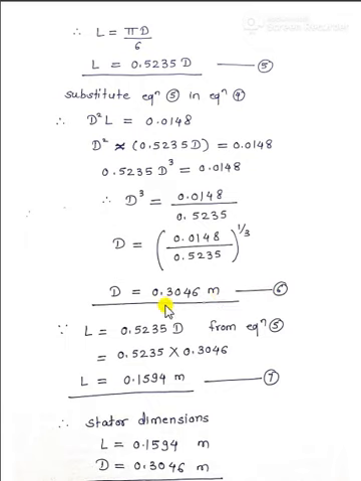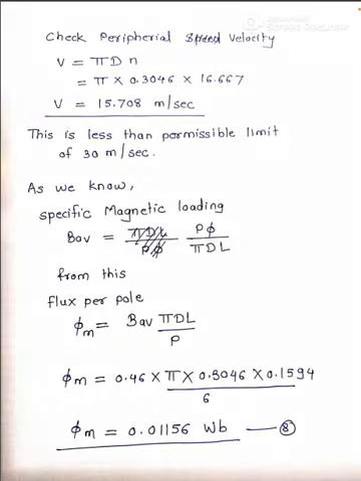As d is already found, replace this d in equation number 5 so that we can get the L value. L is equal to 0.1594 meter, and these are the stator dimensions, length and diameter. So the first part of the question is completed. Next we will check the peripheral velocity.